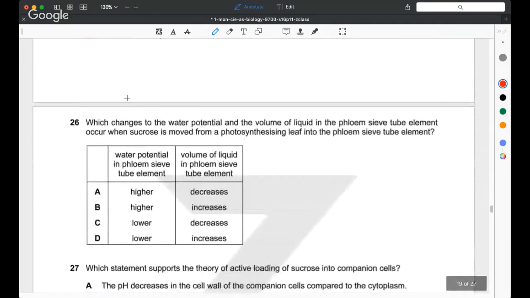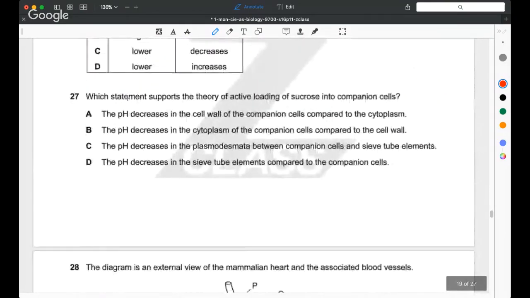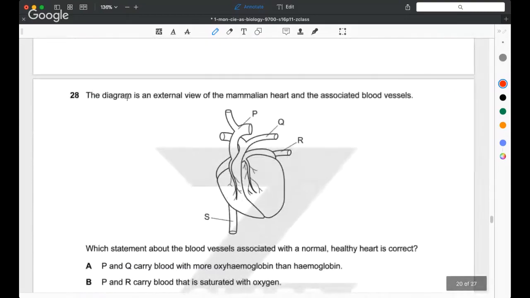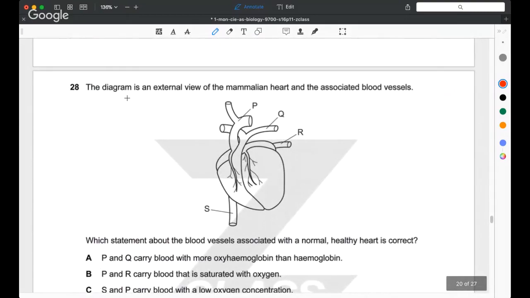Okay, I think the last one from me then, what is the view of the heart here? So quite often you draw simplified diagrams of the heart. This is a much more realistic diagram. P up here, you can see it's actually the larger, thicker tube, the aorta.